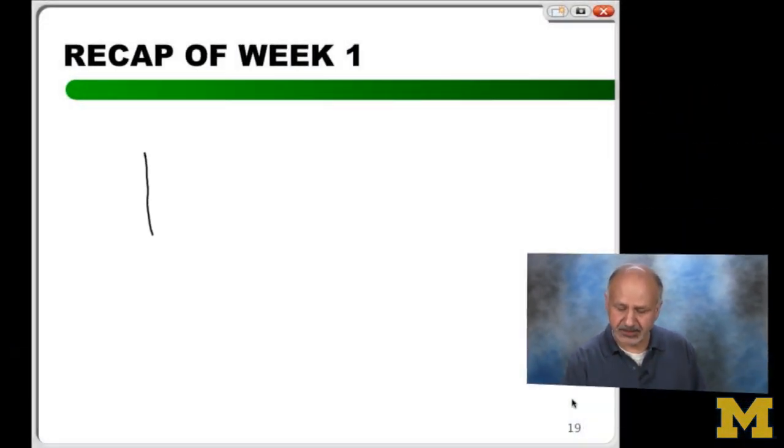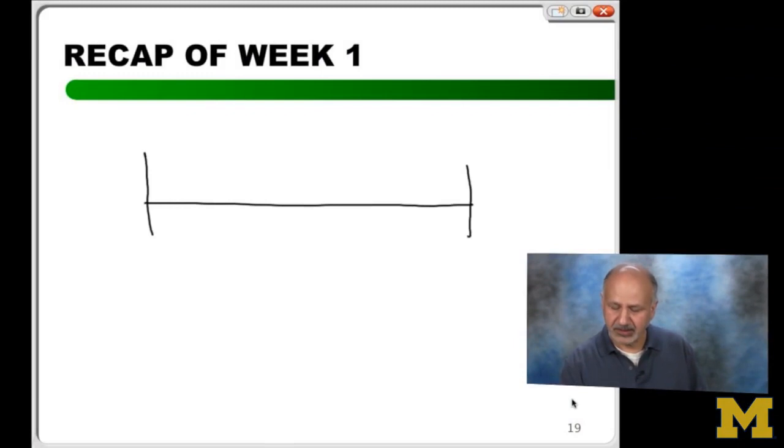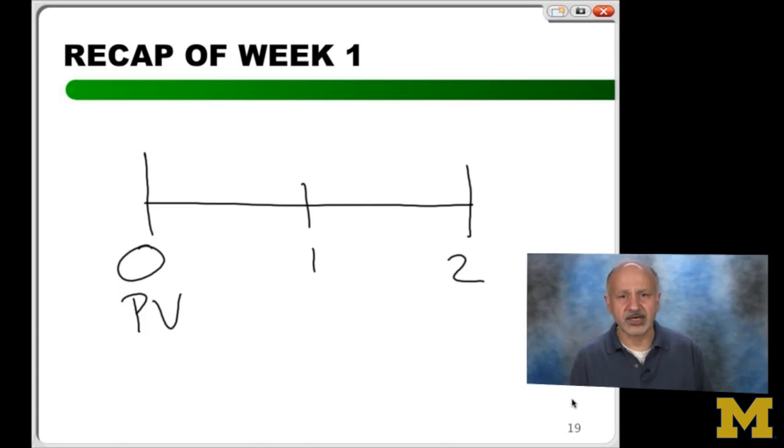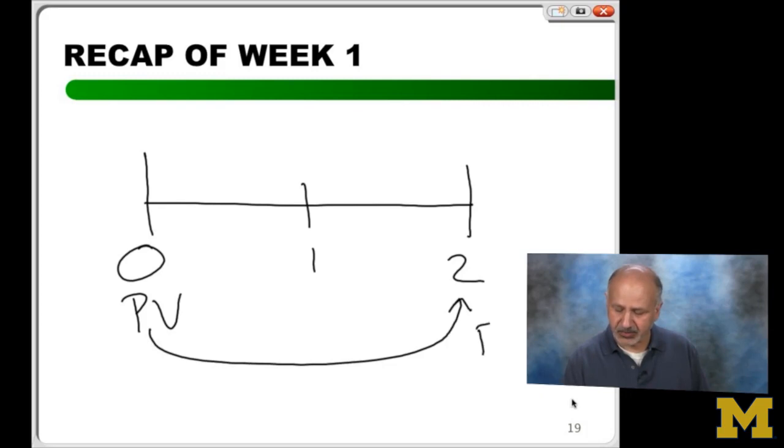We basically covered two issues, and the first, I'll just draw a timeline. And we started with something here, and for the sake of reference, I'll draw just two points. And remember, we started with one period and went on to 2 and more. But we carried this forward, say, to something called future value.